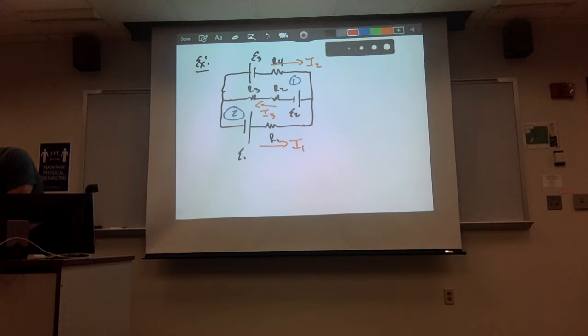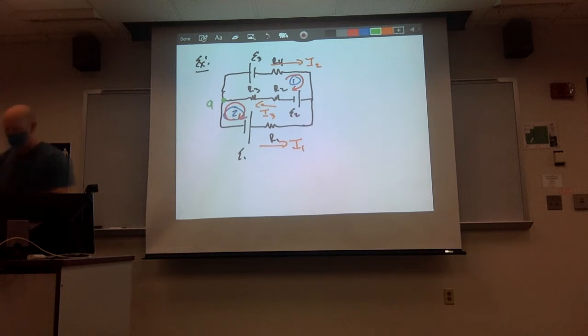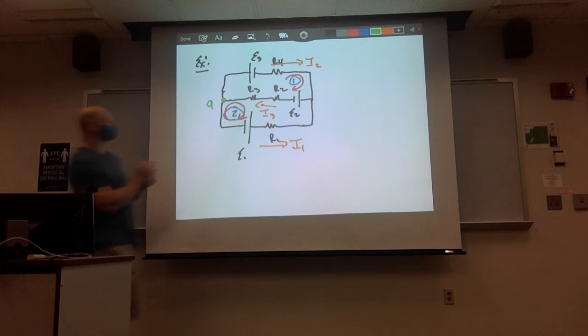So for the top one we're going to go clockwise, and for the bottom one we're also going to go clockwise. Great. And which junction do you want to use, the one on the left or the one on the right? Left. Okay, so let's use this as our junction A. So we've done 90% of the work here.